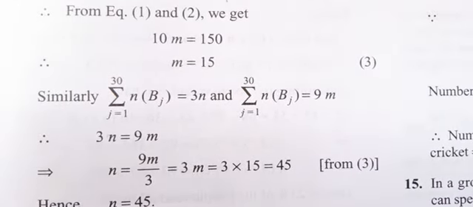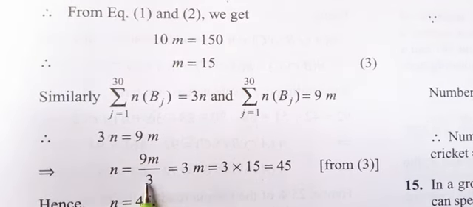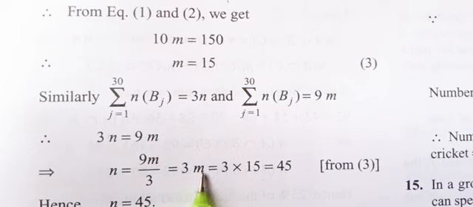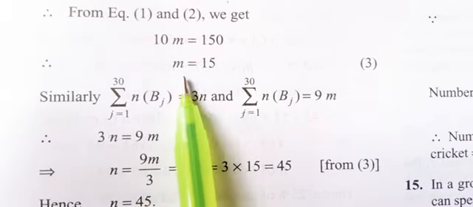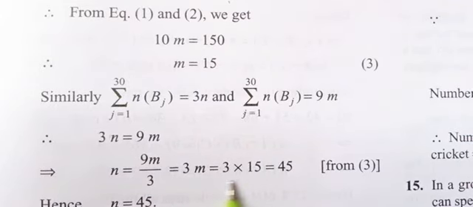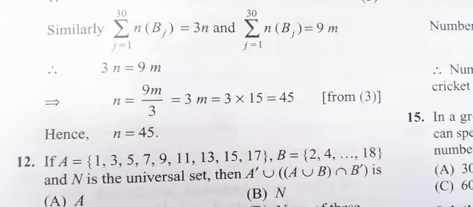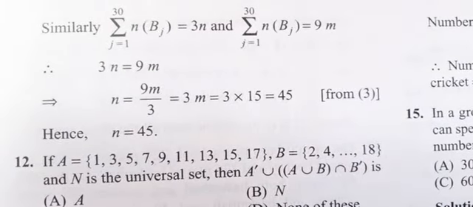Similarly, 3n is equal to 9m, and n is equal to 9m divided by 3, which is 3m. Now the value of m is 15, so n is equal to 45. Hence the value of n will be 45. So option A is my correct option.